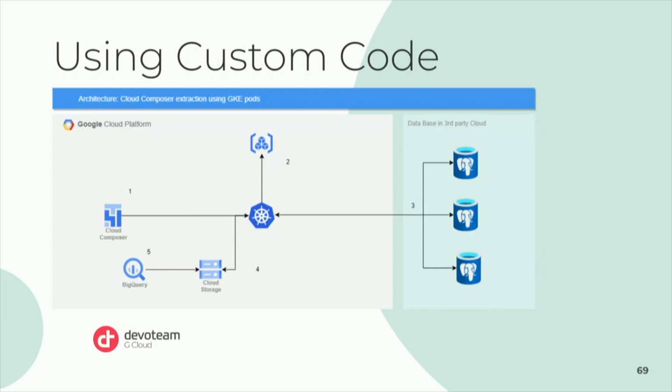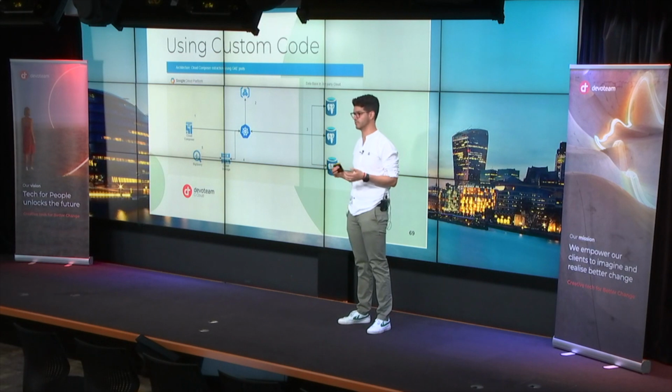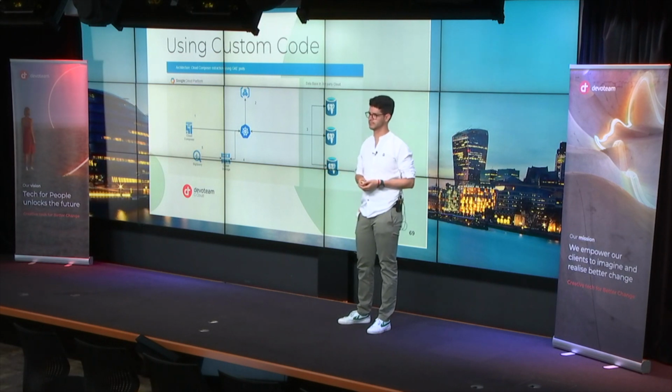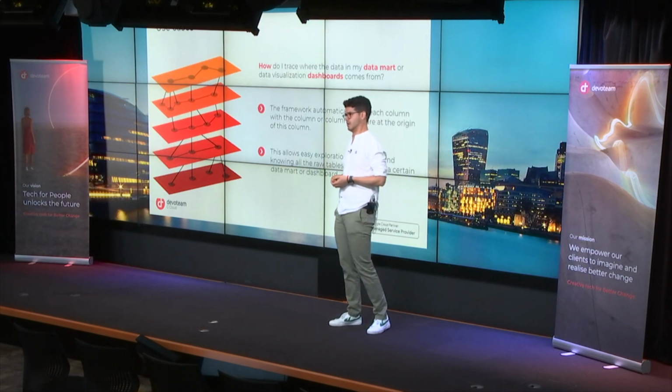Another scenario is that you would like to manage your ingestion to your data lake. To manage that ingestion, you could potentially have a GKE cluster running, and then from Composer launch different jobs to extract the data and put it into BigQuery. That's another possibility that is possible within the Flycs framework.